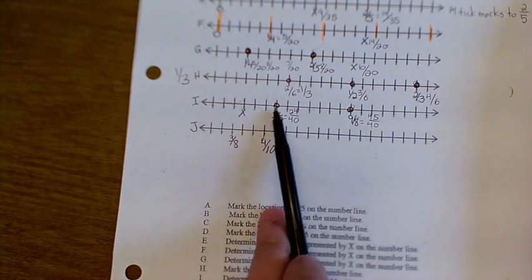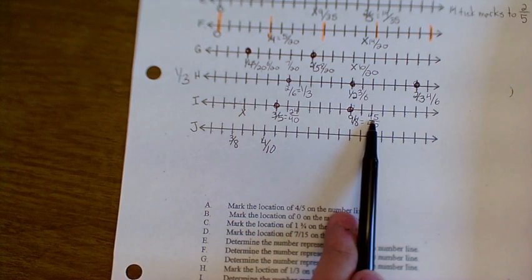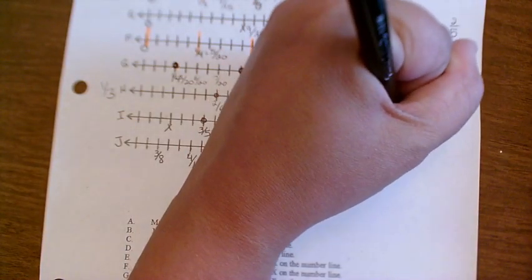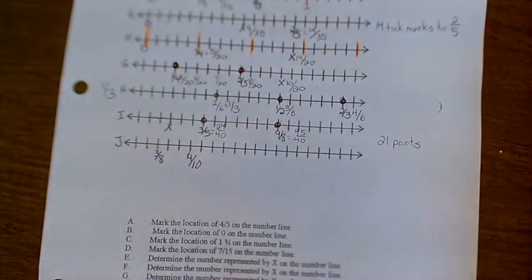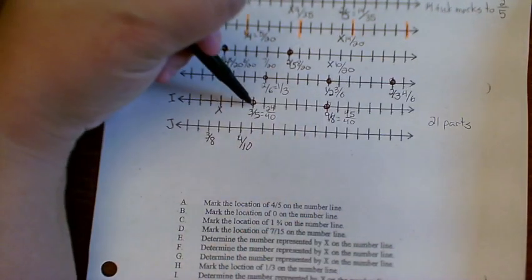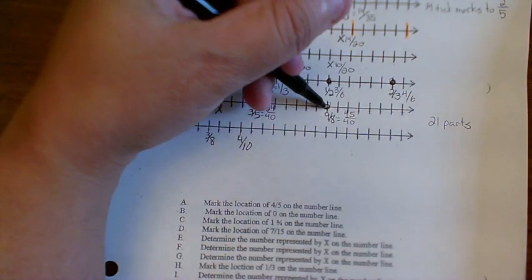So we are going up how far? 24 up to 45 would be 21 sections in the numerator. So we're going up 21 parts. And we're doing that over how many tick marks? So 1, 2, 3, 4, 5, 6, 7 tick marks.